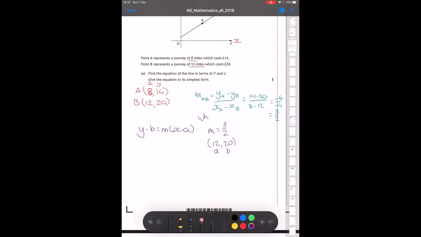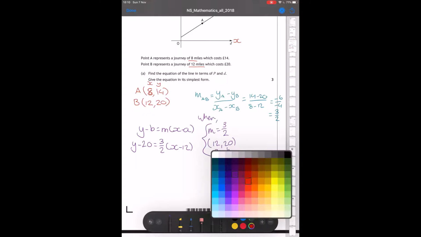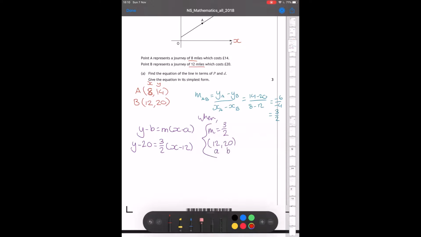So maybe you just write it like that, not the best layout, but you get the gist. There we go. So y minus 20 equals 3 over 2 bracket x minus 12. Now we have a fraction here, how do we get rid of that? Well, we have to multiply this whole thing by 2.